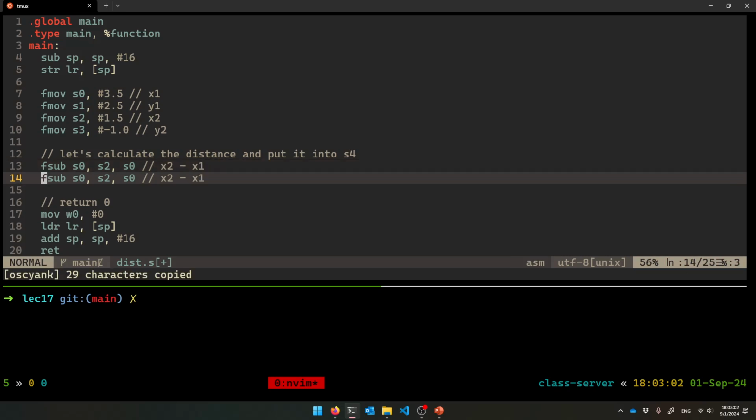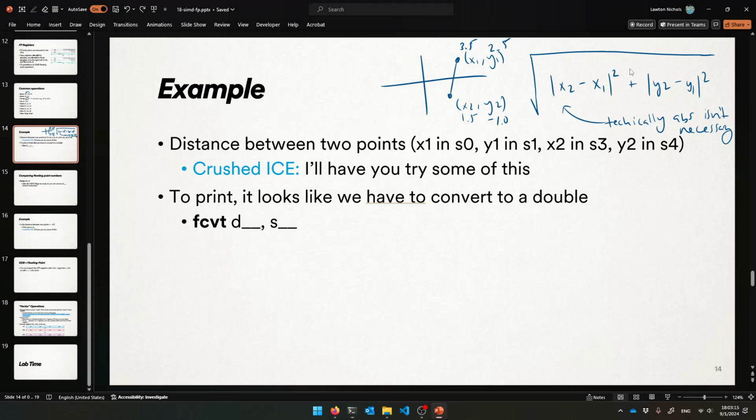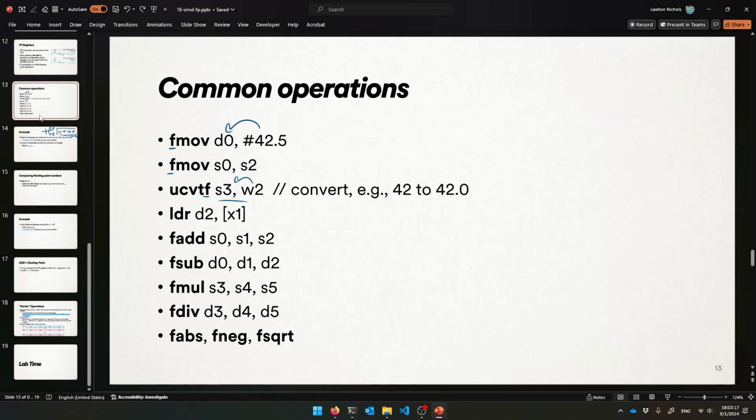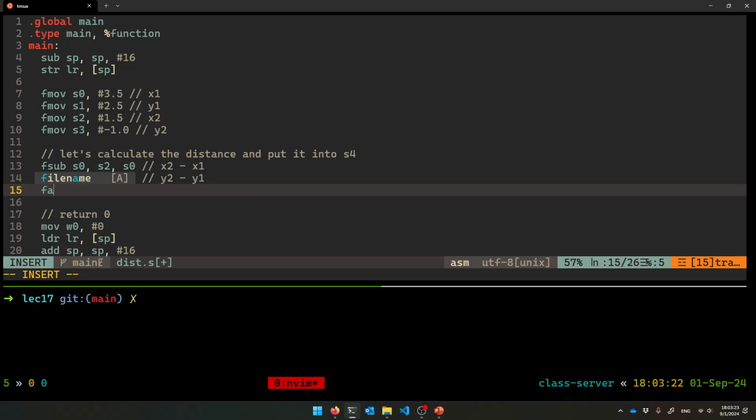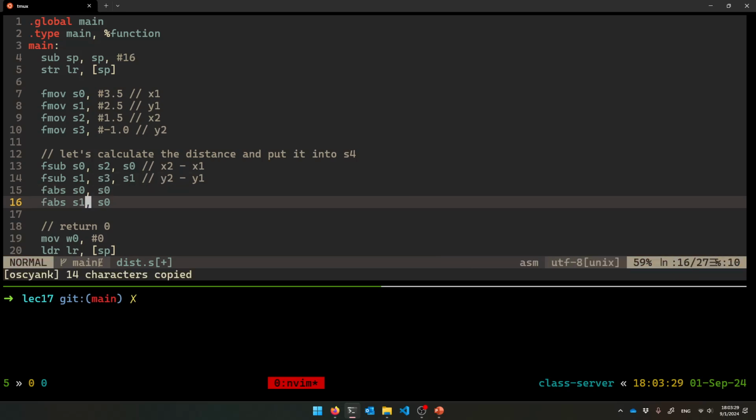Then we'll do the same for y2 and y1, so into s1 can go s3 minus s1. Then we'll take the absolute value of both of those, and that's going to be an f-abs, which is, funnily enough, the name of the C library function that does the same thing. I would like to take the absolute value of s0 and shove it back into s0. Same for s1.